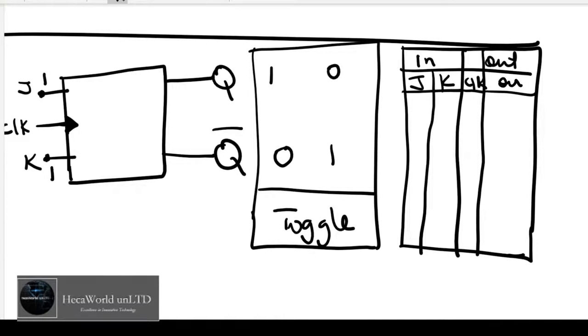Then that stays as our Q and not Q. Okay, that's better.